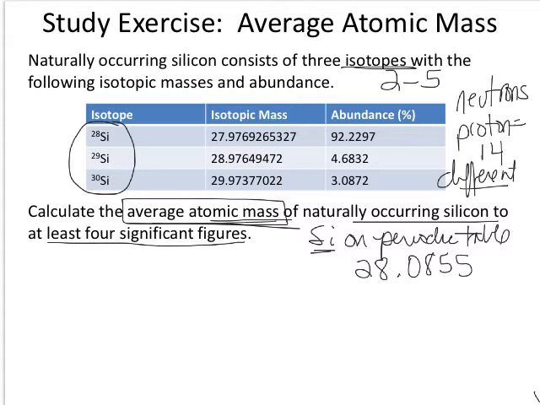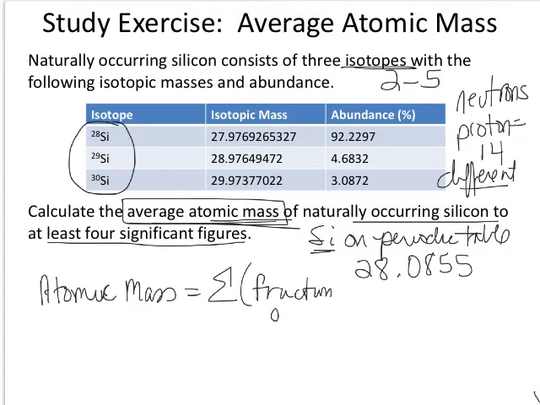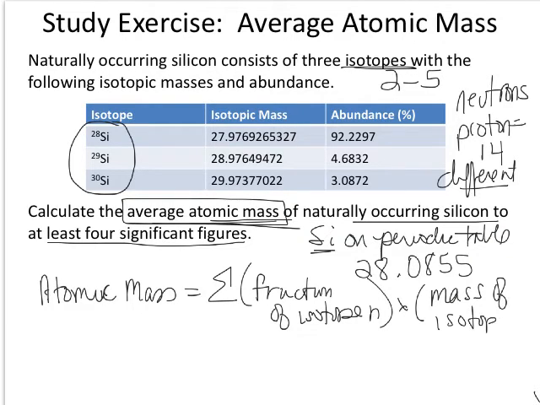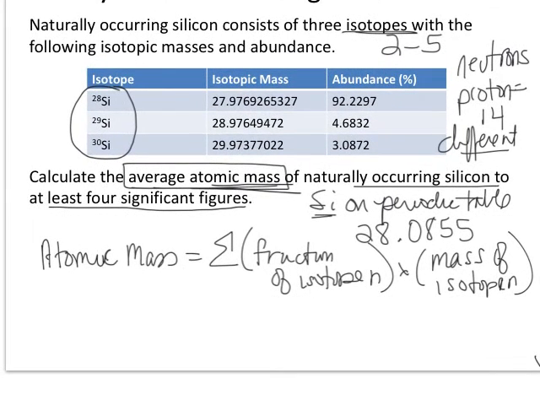So the formula that you need to memorize is atomic mass equals the summation of the fraction of isotope N times the mass of isotope N. So when you're dealing with this, you want to convert your percents to decimals.